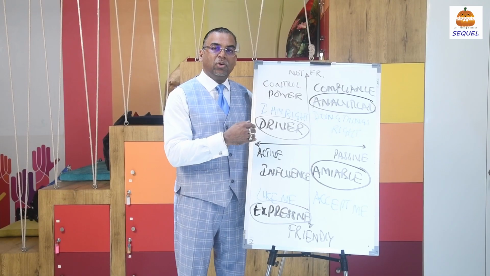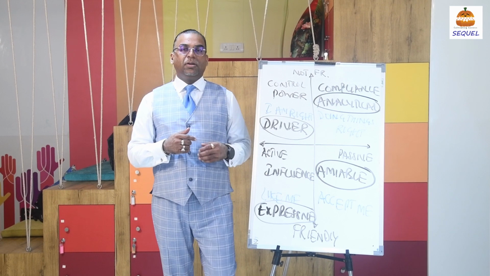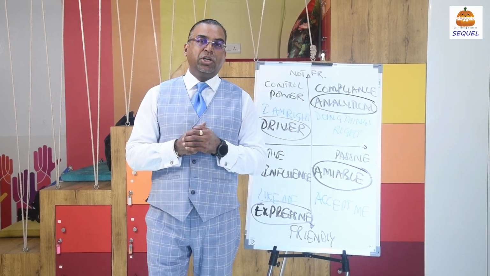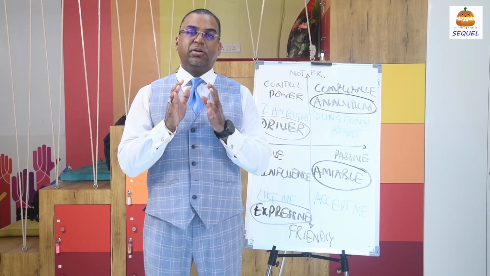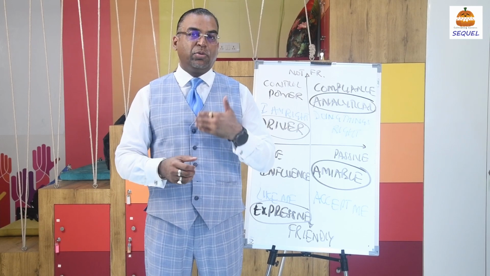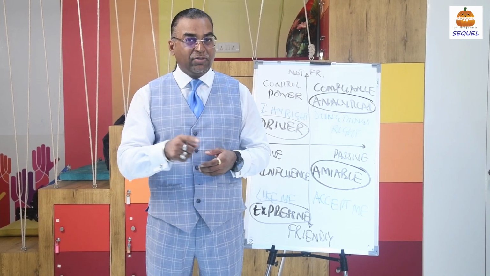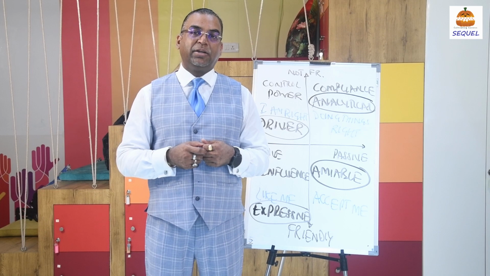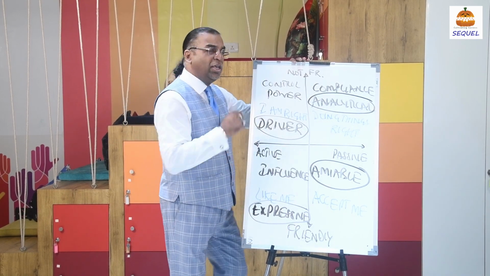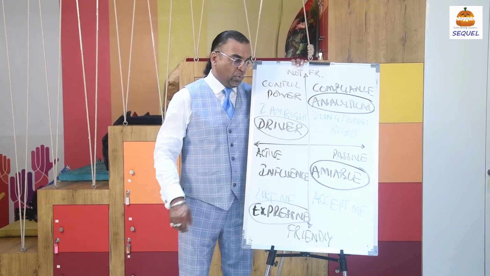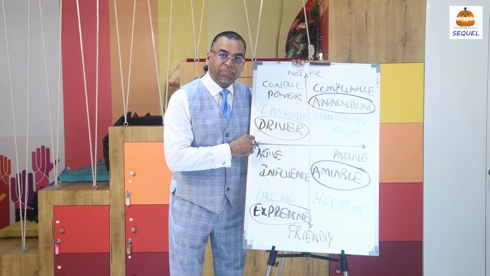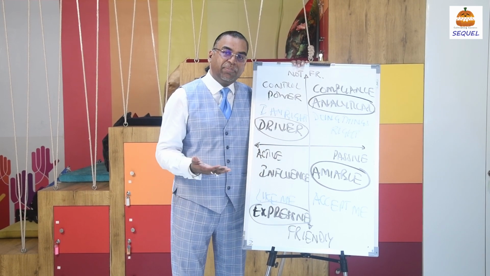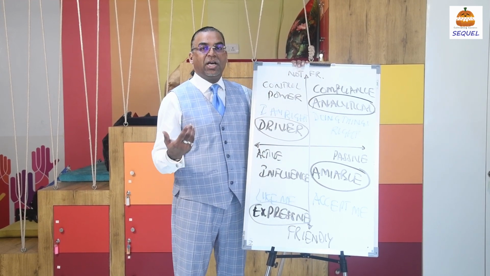Once you know who is what kind of behavior, my recommendation is you need to learn to manage your communication and your behavior with them so that the learning curves become shorter and life becomes better. For example, if you know somebody is a driver, what should you do? Well, never ever interrupt them, because the moment you interrupt them, they will see it as a direct challenge to their authority.